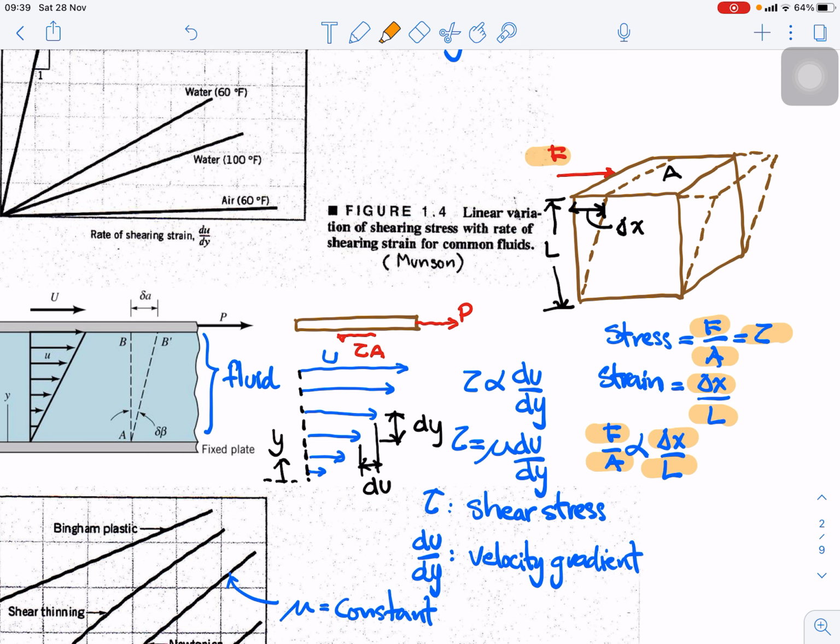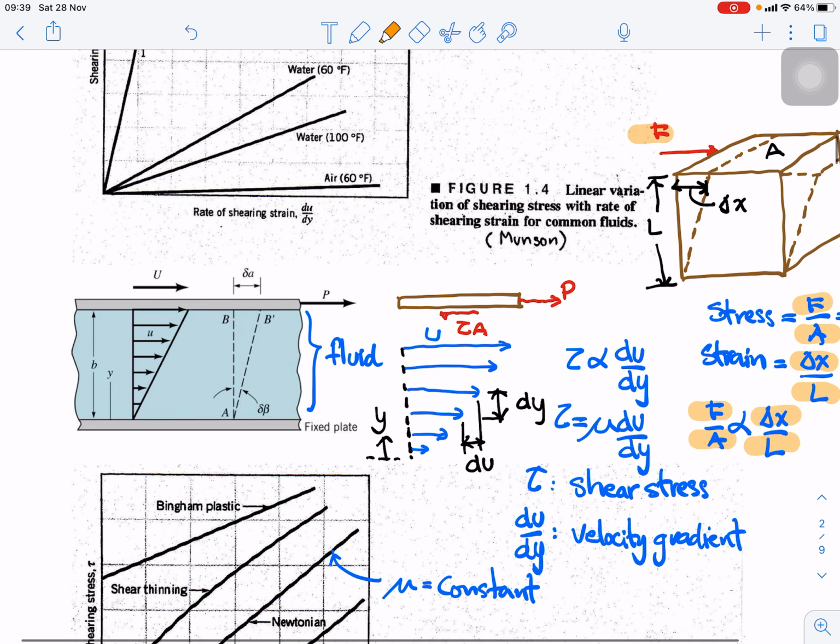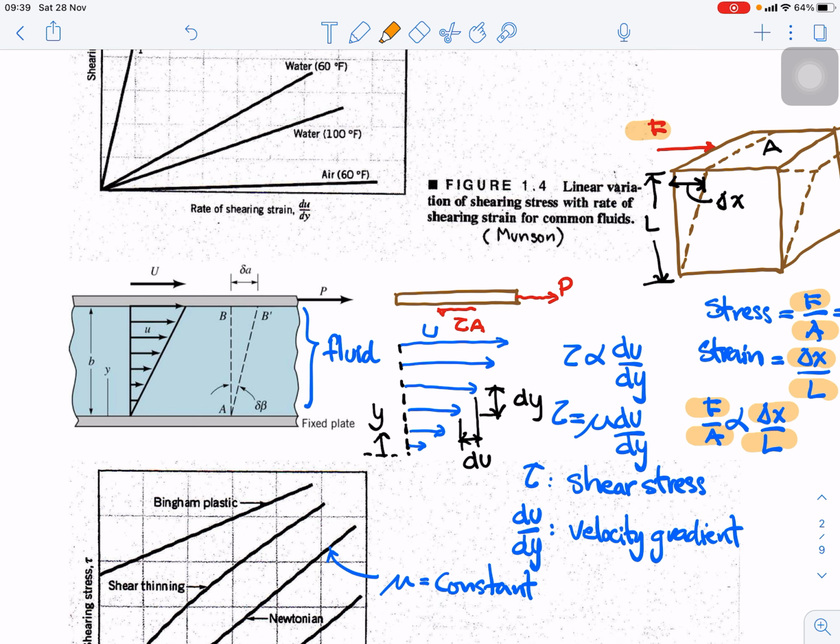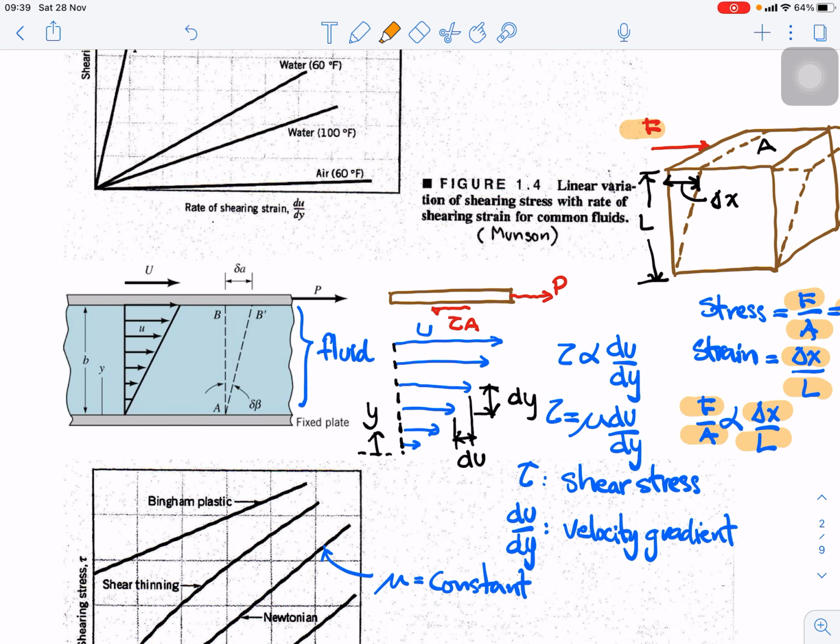And this can apply for the left hand side. If we put the fluid between two plates, the bottom one is a fixed plate and the top one is a moving plate. Apply the force F on the top plate, and we expect that the velocity of the fluid increases. This velocity profile of the fluid increases with y.